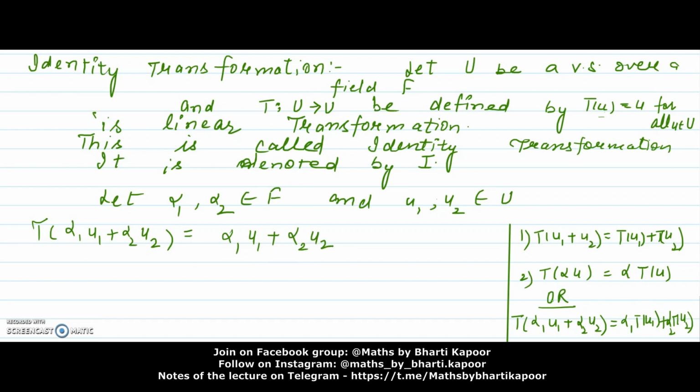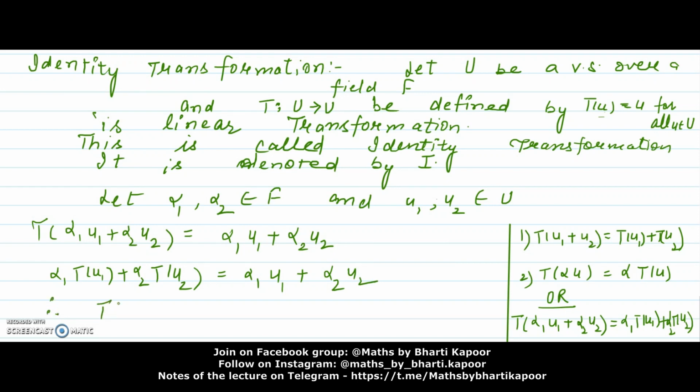And now let's see what alpha 1 TU1 plus alpha 2 TU2 is. Alpha 1, the image of U1 is U1, alpha 2, and the image of U2 is U2. So the left hand side is equal to the right hand side.